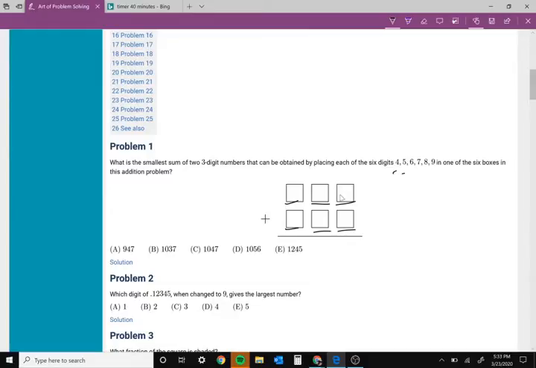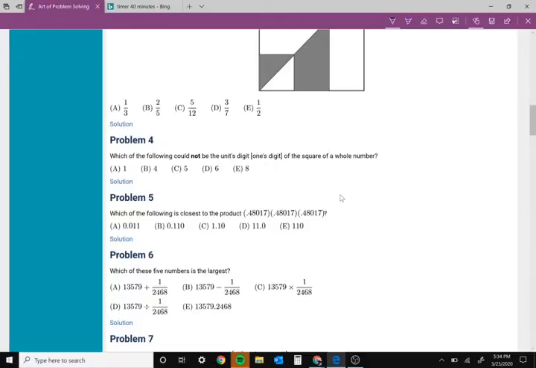The smallest two numbers are 4 and 5, so let's put a 4 in this box and a 5 in this box. Next is 6 and 7. It doesn't matter how we orient it, it's going to be the same sum. And 8 and 9. That gets us 1047.